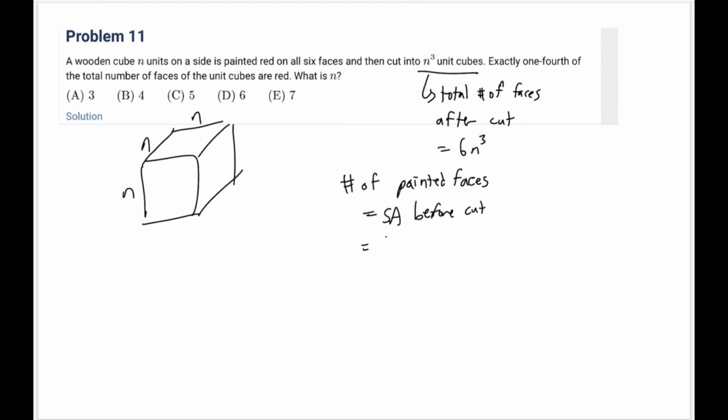So this is 6 times n squared. And it's exactly 1/4 of the total number of faces. So 6n squared over 6n cubed equals 1/4. So these cancel, so this is 1/n. So n equals 4. The answer is B.